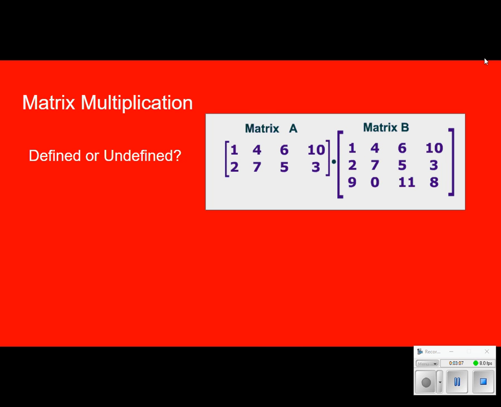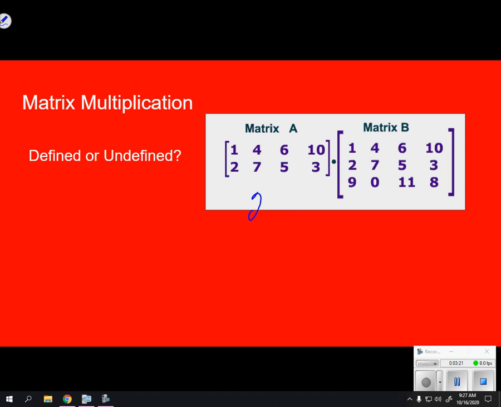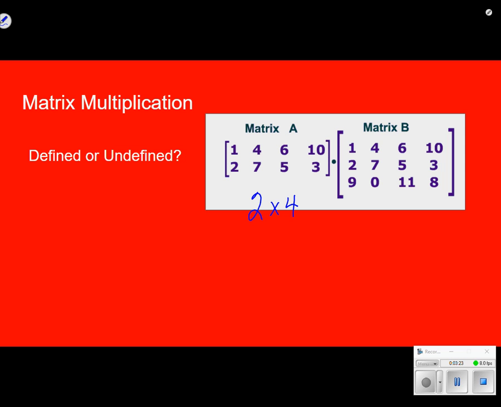All right, so the question is: is it defined? Can I get an answer? Or is it undefined and I can't get an answer? So we're looking at the sizes. Matrix A, matrix B. Let's write the sizes down. Matrix A is a 2 by 4. Matrix B is a 3 by 4. Can I multiply these two together?